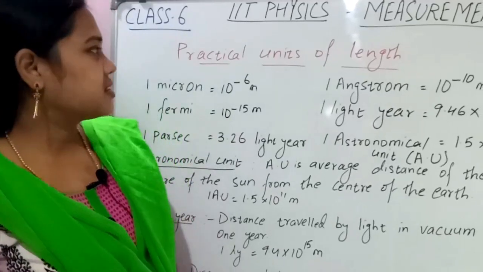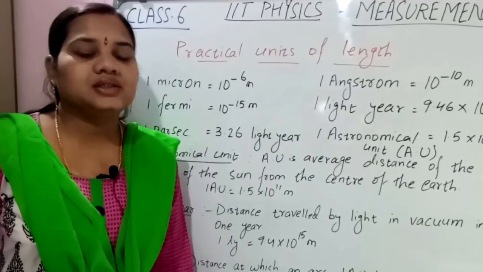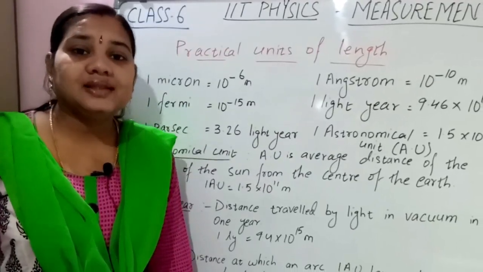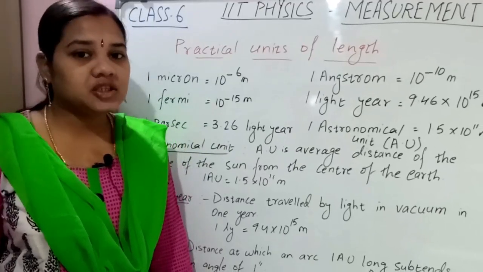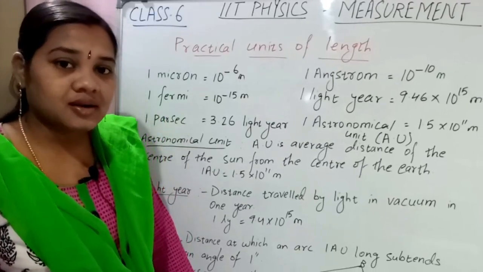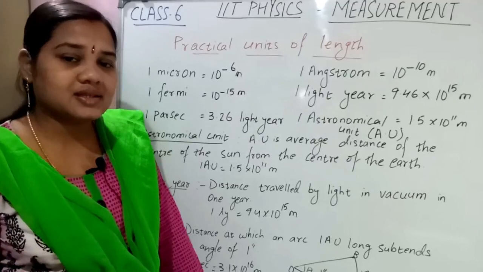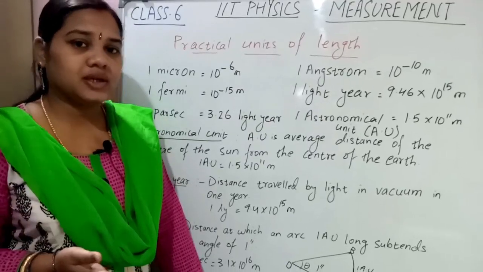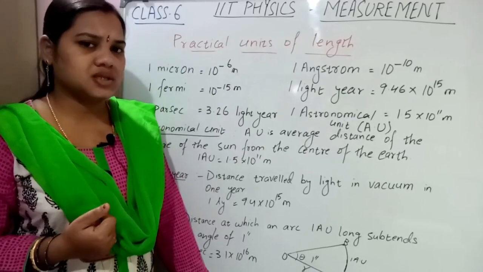Today we are going to discuss practical units. Except the SI units, SI unit of length is what? Meter. SI unit of mass is what? Kilogram. SI unit of time is what? Second. Not only the SI unit, there are other so many units which we are using.